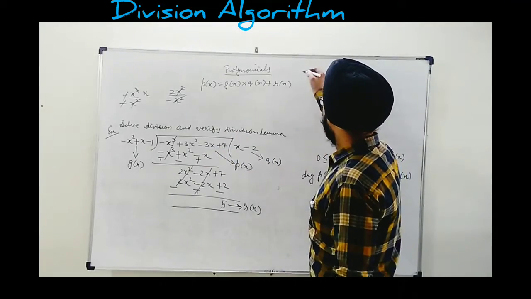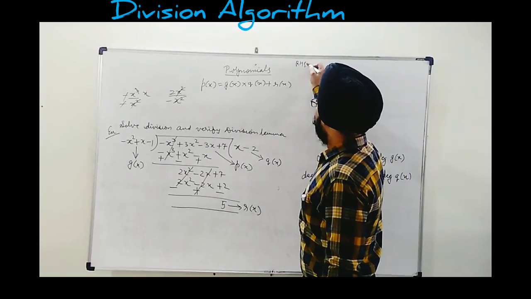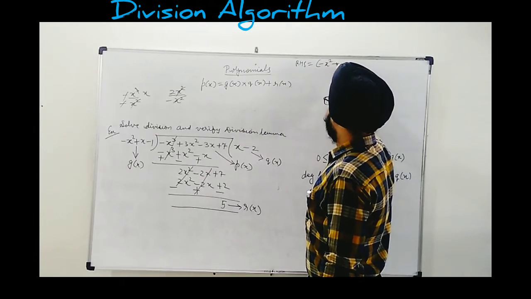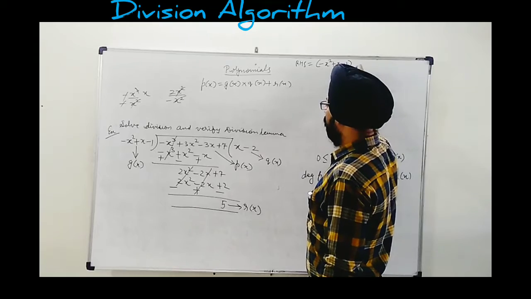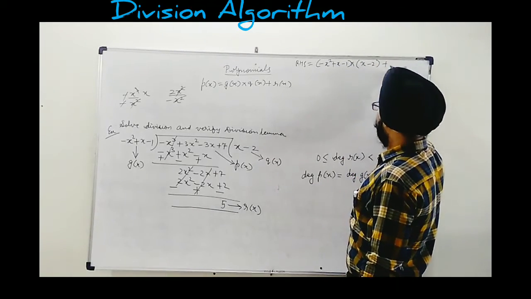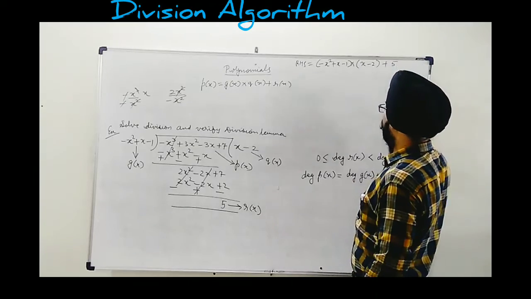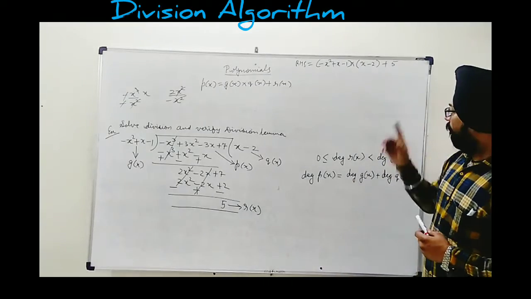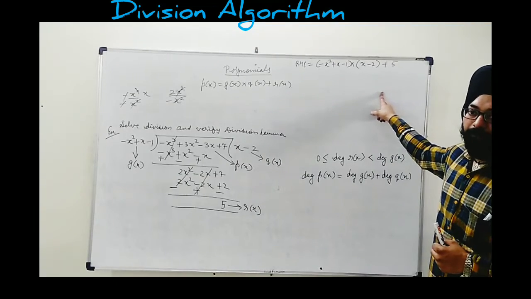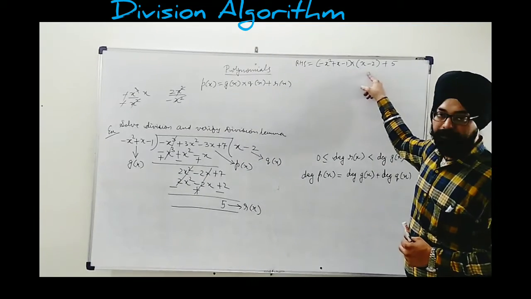So let's start with the RHS. The value of g(x) we have obtained is minus x square plus x minus 1, into q(x), which is x minus 2, plus r(x), which we have obtained as 5. Now don't forget, even in the case of algebraic expressions, we still apply the BODMAS rule. First of all we have to multiply these two.